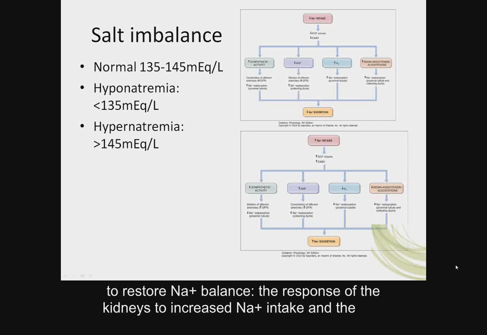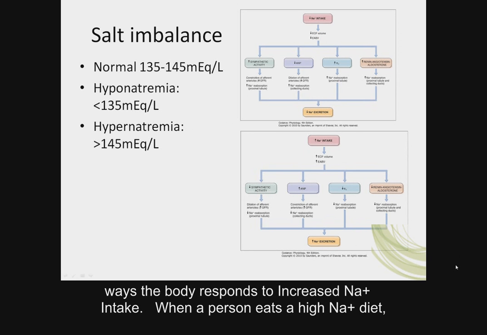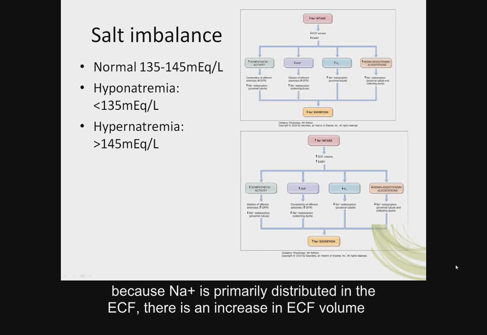Two examples are shown here in which these mechanisms are employed to restore sodium balance: the response of the kidneys to increased sodium intake and the response of the kidneys to decreased sodium intake. In the top picture, you see the four ways the body responds to increased sodium intake.